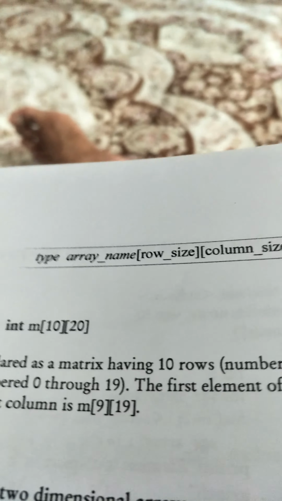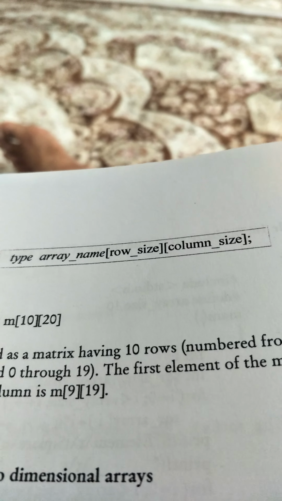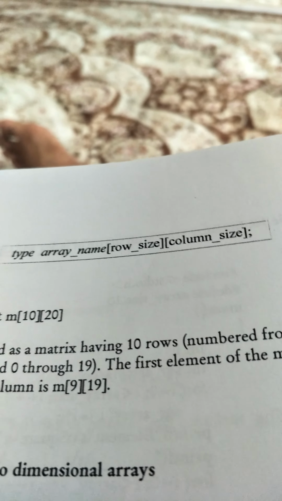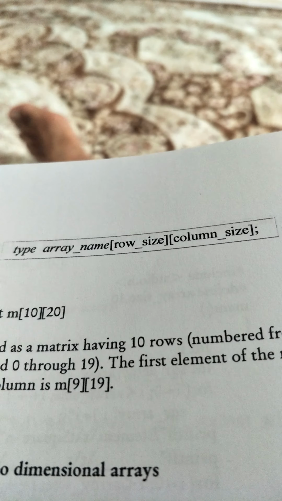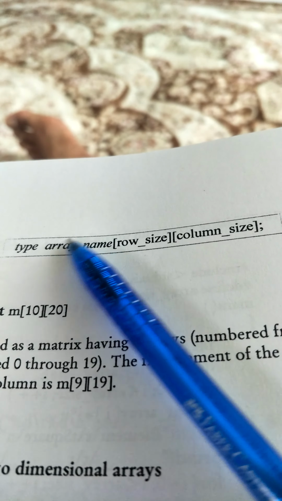That's the example. The general form of declaration of the two-dimensional array: we have the type, then the array name, and you can give whatever array name.